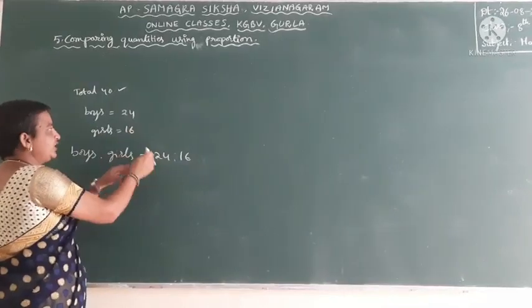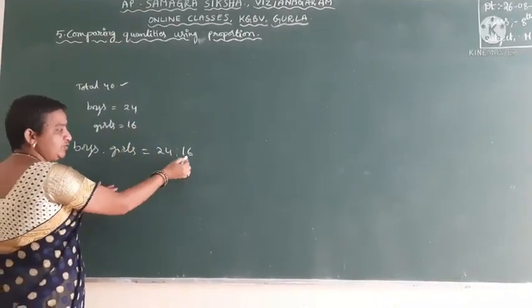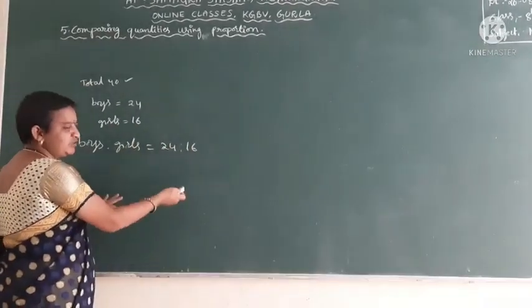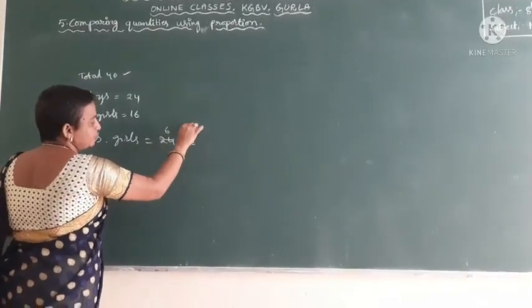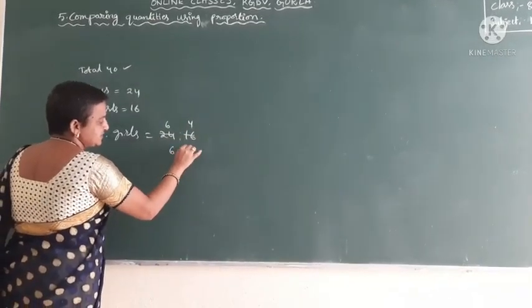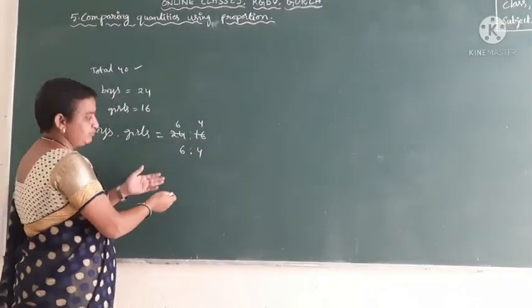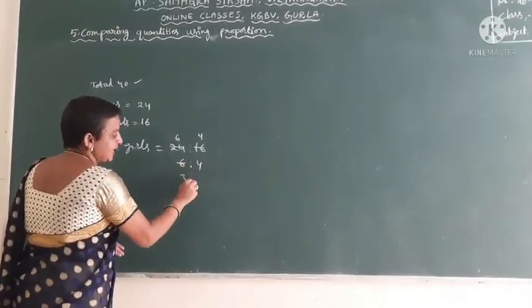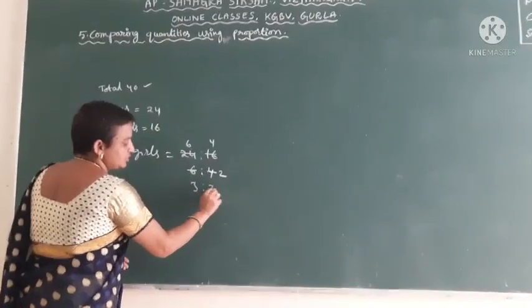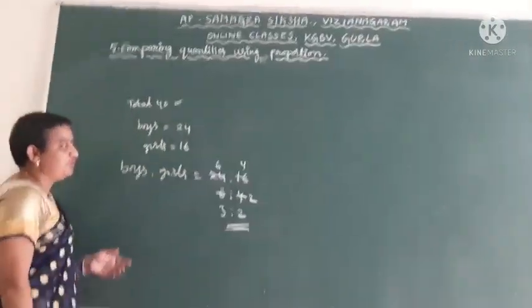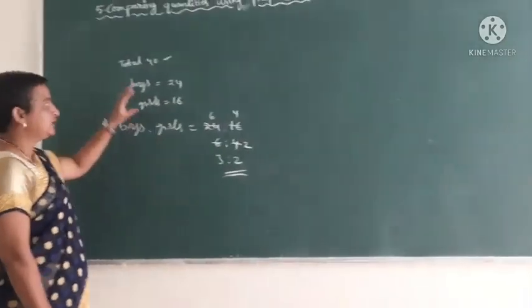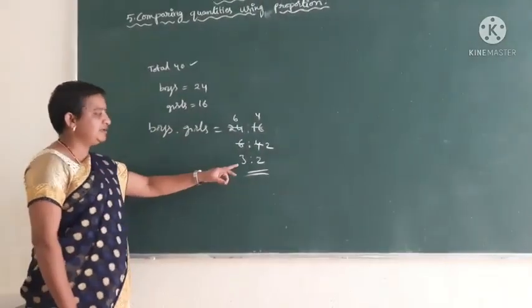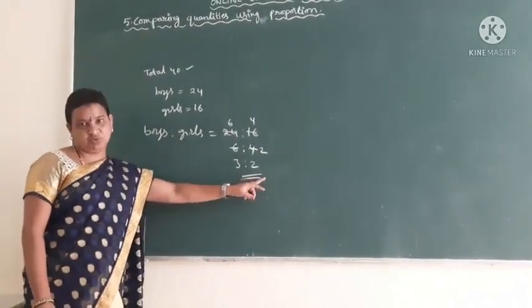If we simplify that, 4 sixes are 24, 4 fours are 16, that is 6 is to 4. Again we have to simplify: 2 threes are 6 and 2 twos are 4. So the simplest ratio of boys to girls is 3 is to 2. In the class, the ratio of boys and girls is 3 is to 2.